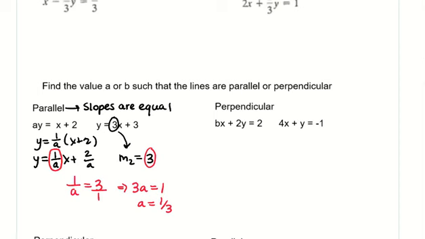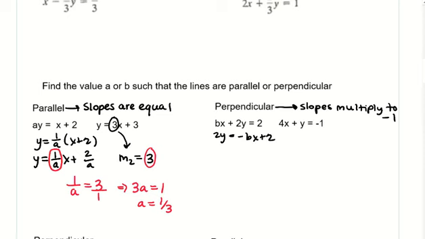Over here, we're going to make this one perpendicular. So we're going to say that the slopes multiply to negative 1. I'm going to start by solving for y. I've got 2y equals negative bx plus 2.